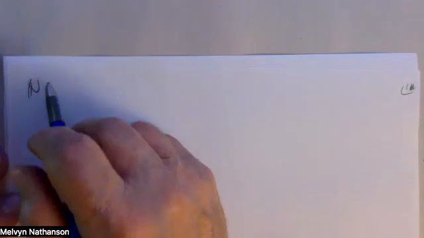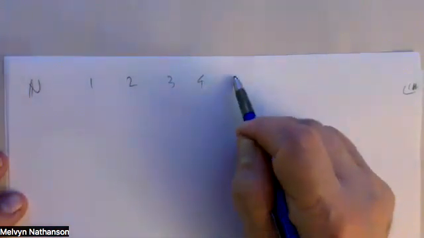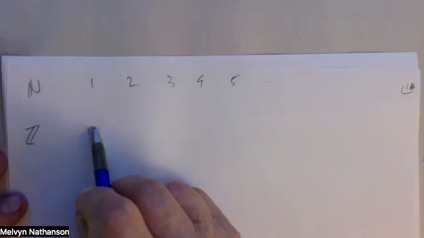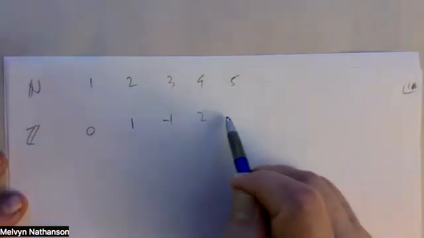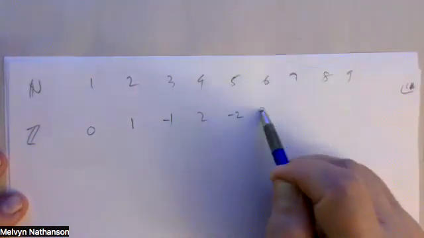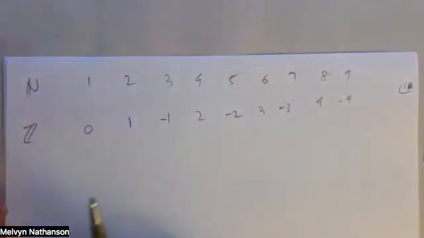So here I have the positive integers, 1, 2, 3, 4, 5, and so forth. And here I have the integers. I'll write them down like 0, 1, minus 1, 2, minus 2, 3, minus 3, 4, minus 4, and so forth.